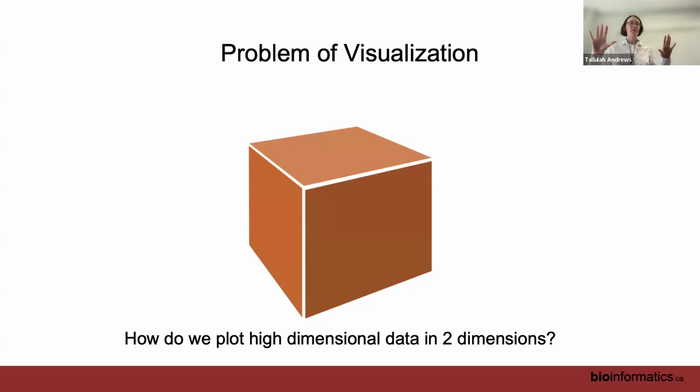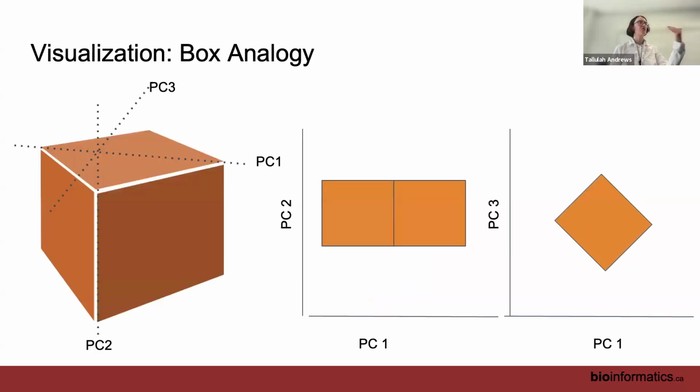We want to make a nice plot of our 3-dimensional box for our paper. How are we going to do that? So we could do PCA. So if we do PCA, we're just going to draw some straight lines through our box and then project our box onto those lines. So here we'll have our 3 principal components like this, and we'll get PCA plots that look like this.